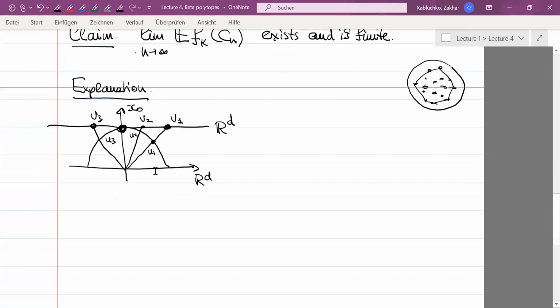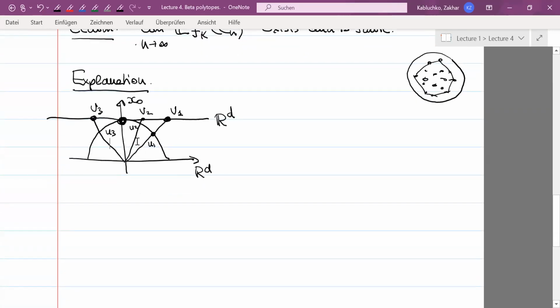So the points u_i are IID, which is why the points v_i are also IID, and their density can be computed explicitly. I will just state the result.